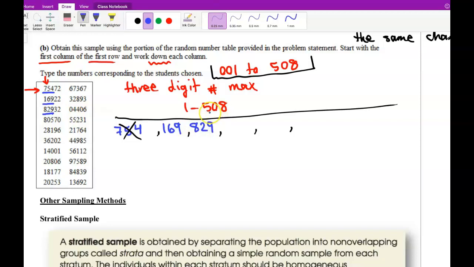This is greater than 508. It's not acceptable. The next one, 805, again is greater than 508. Next one, 281. Okay, then 362. Now we have 1, 2, 3. 140. And 208.